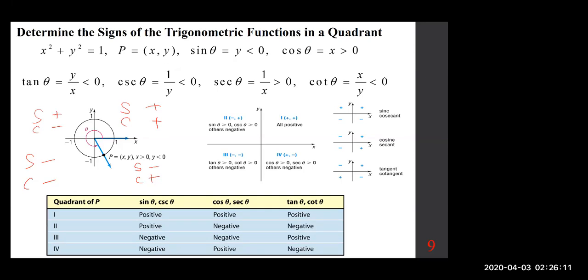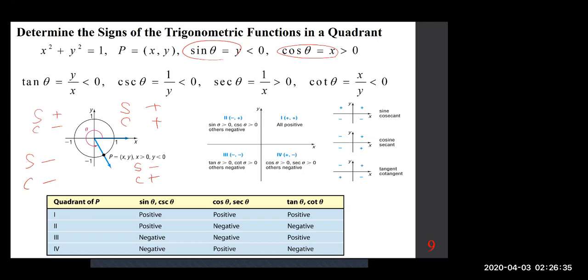As long as you remember what I drew for you in red for sine and cosine, and the reasoning: cosine is x, sine is y. You are pretty much done.